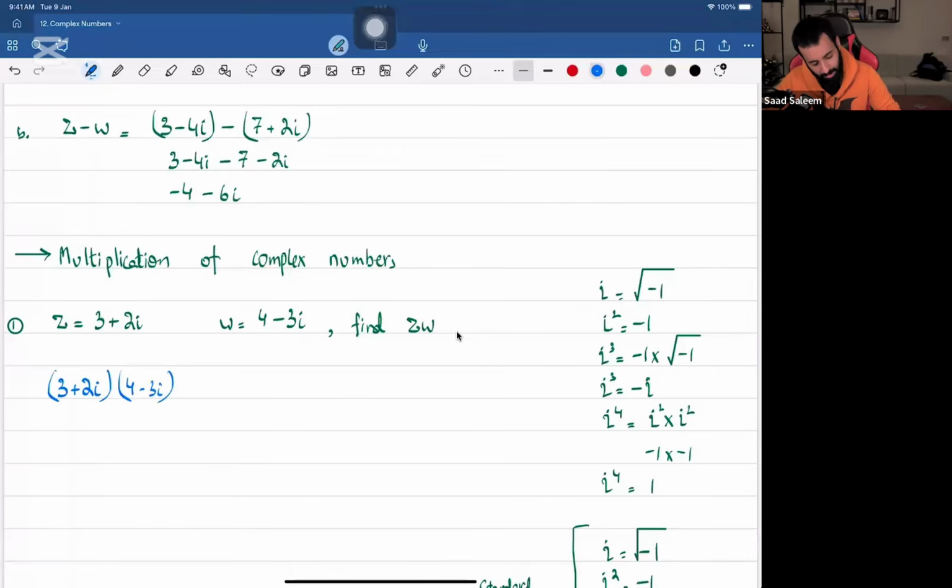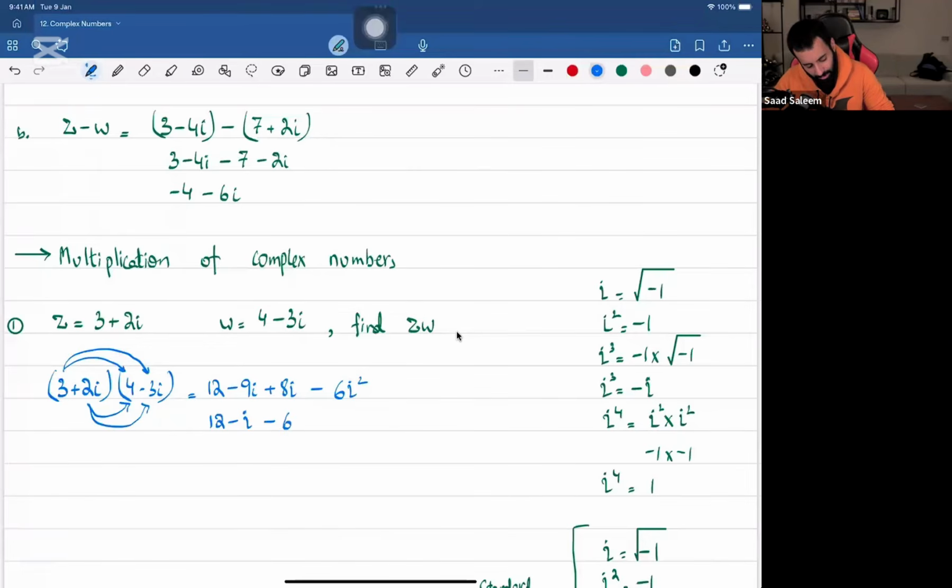How do we do this? Here's how. 3 times 4 is 12. Then 3 times minus 3 iota is minus 9 iota. Then 2 iota times 4 is 8 iota. Then 2 iota times minus 3 iota becomes minus 6 iota squared. So we have 12 minus 9 iota plus 8 iota, which we should definitely simplify, so that becomes minus iota.